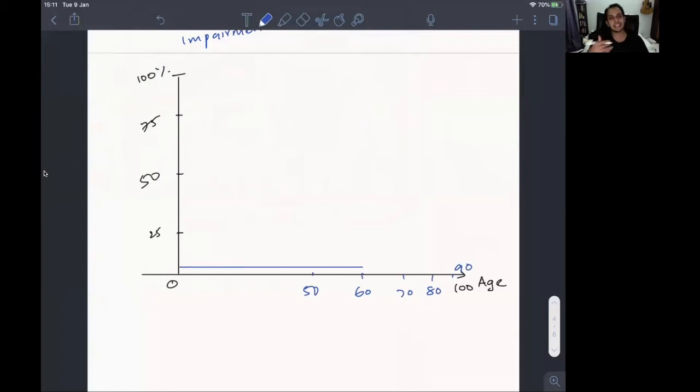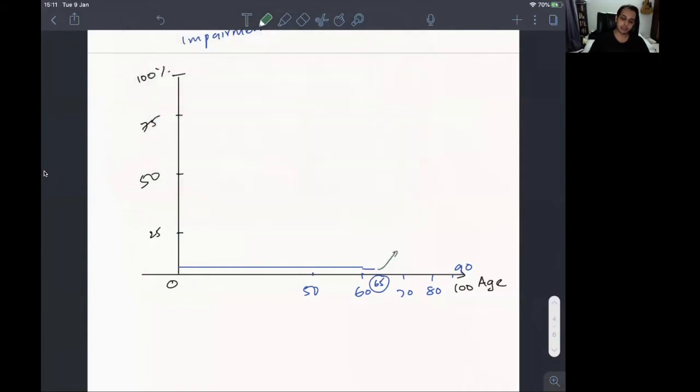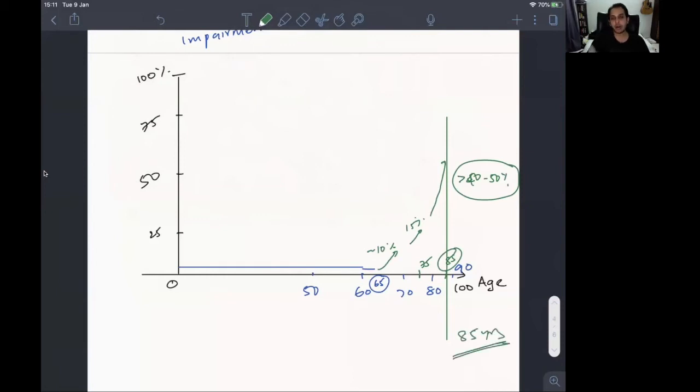Okay, so it will be like less than 5% of the population. As soon as you cross 60, 65, dementia starts to increase, and it goes around 10%. As soon as you cross 75, it crosses around 15%, and by the time you cross 85, it crosses above 50%. So it's around 40 to 50% of the population. Okay, so you can imagine that at 85 years, almost half the population has some form of dementia.